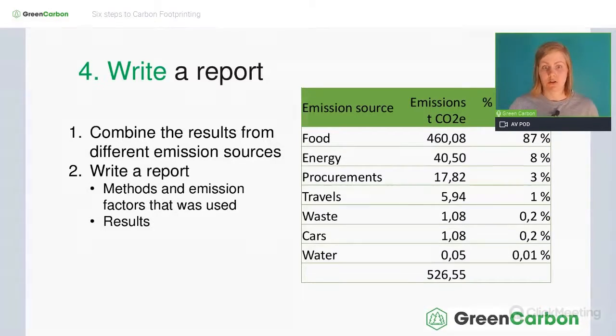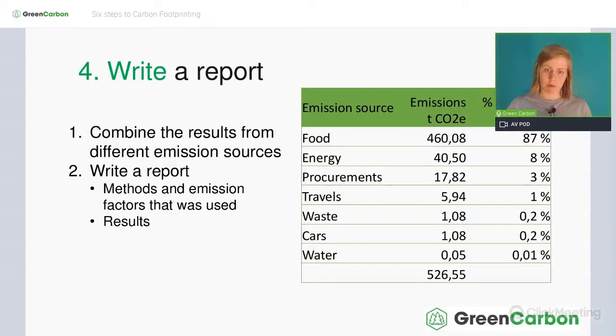Of course, you should also look closer at the results, for example, what are the biggest ingredients that cause the most emissions in the food emission source. With this kind of results, you can know that maybe I should put a lot of effort into reducing the food emissions compared to reducing the water consumption, for example.